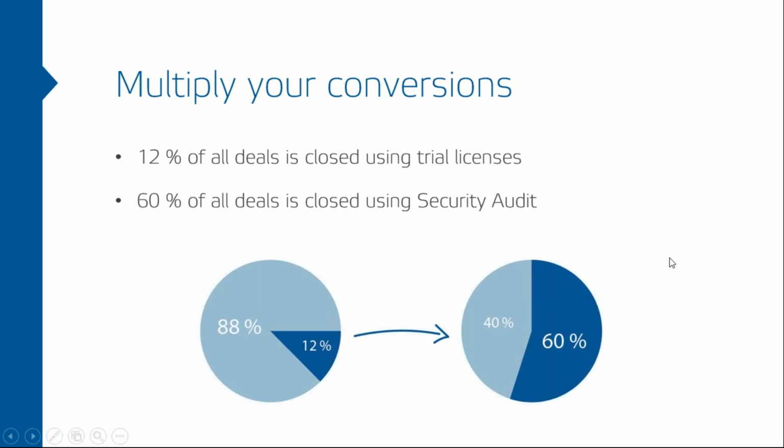And our numbers, our statistics about deals where security audit is presented and deals without security audit are pretty much straightforward. When there is no security audit presented for the client, usually the success rate for closing the deal just by, for example, a trial license is only 12%.